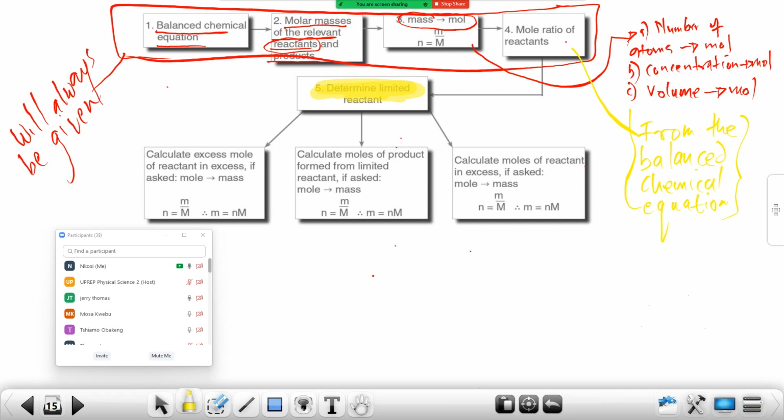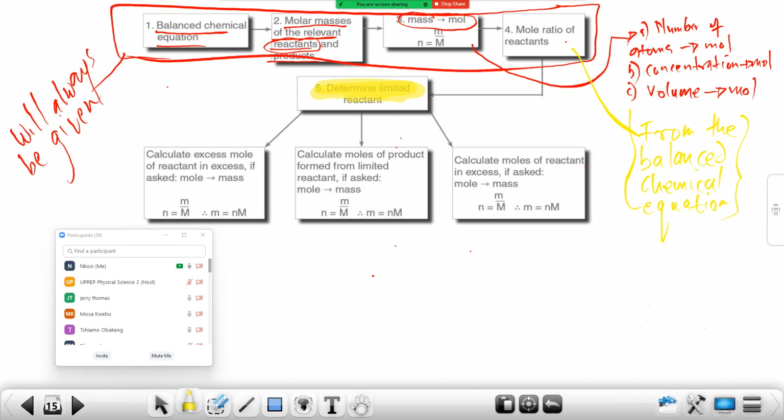The mole ratio will be a link from the number of moles I have to determining the limiting reactant. We are not yet at the limiting reactant.